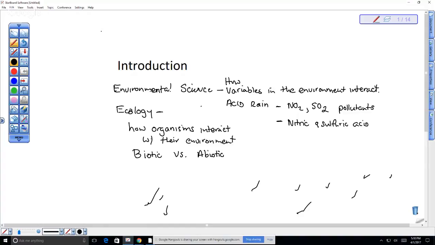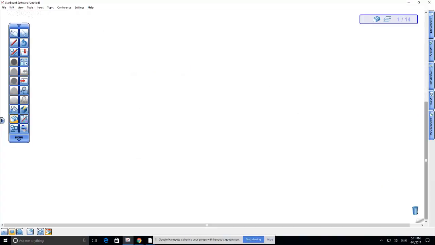Okay, so when we look at this, let me get my eraser out and erase some of these. The other discipline that we are going to look at this quarter is what is called conservation biology.